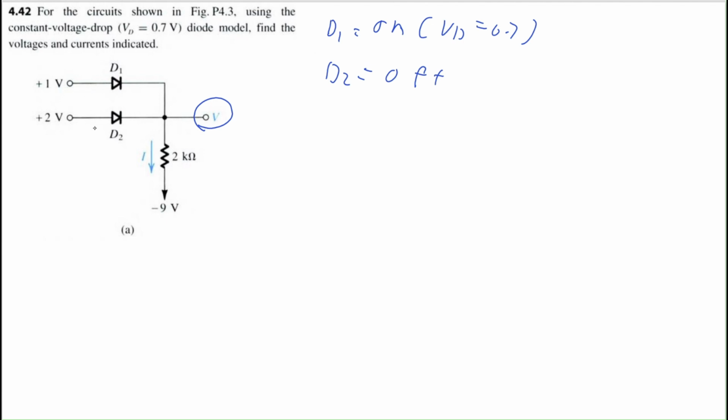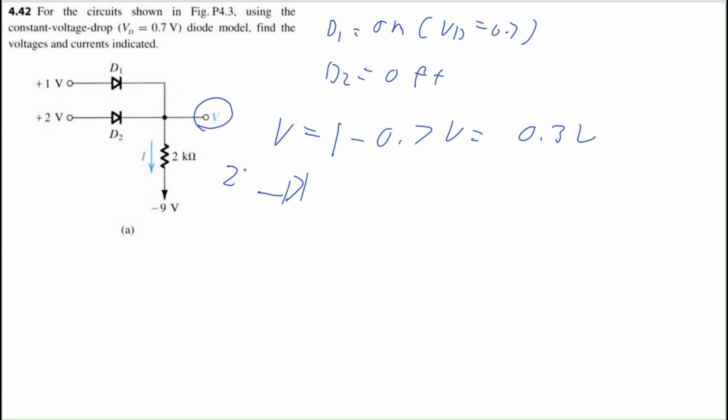It's not seeing any of that voltage. It's consuming all the 2 volts. But that means V would be equal to 1 minus the voltage drop across D1, 0.7 volts, which is equal to 0.3 volts.